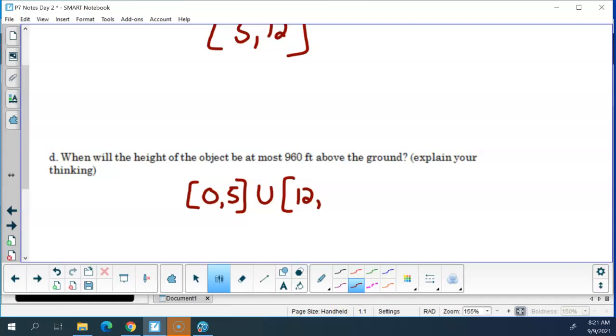After 17 seconds is when it'll hit the ground. How do you know it's 17 seconds to hit the ground? I'm assuming because 960 feet takes 5 seconds, so then 12. So it took 5 to get up there, right? It's going to take 5 to get back down. Exactly.